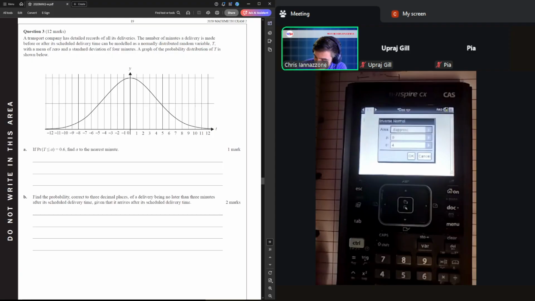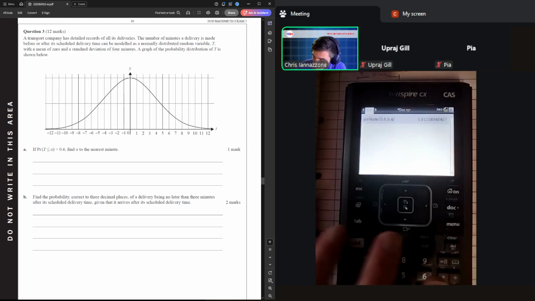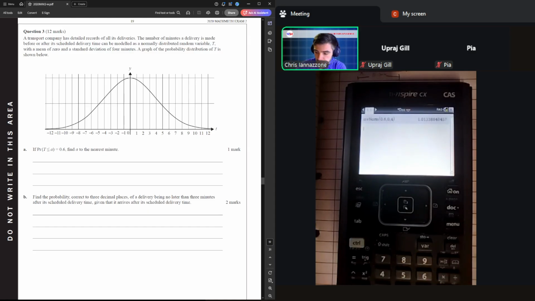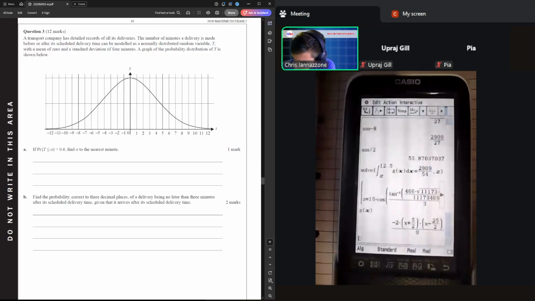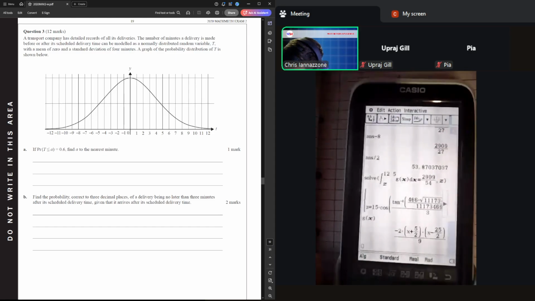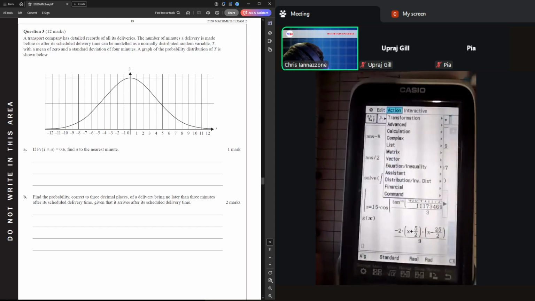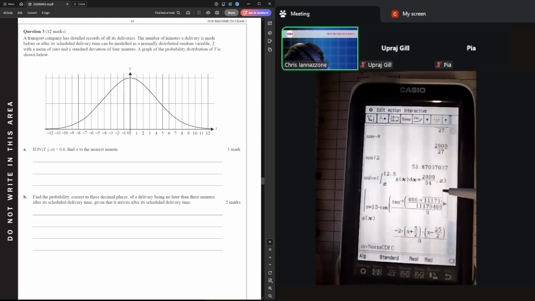For Casio, you can pick whichever way you want it to go: left, right, or center. Center's a fun little thing that we pretty much never use, unless there are certain circumstances. But I'll show you that for Casio. It's in distribution, inverse normal CDF, and I clicked the wrong one.